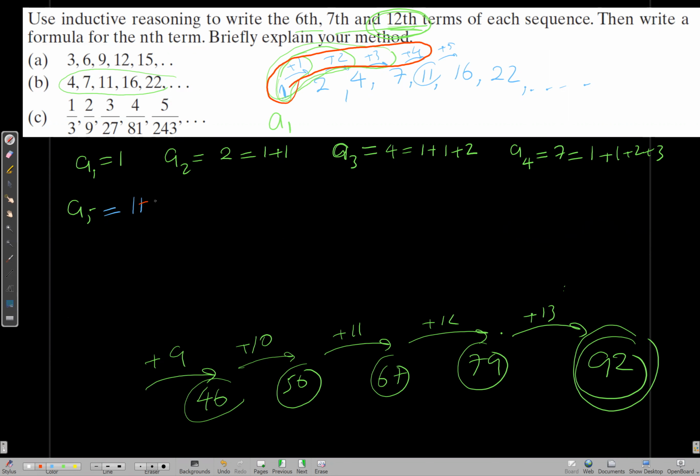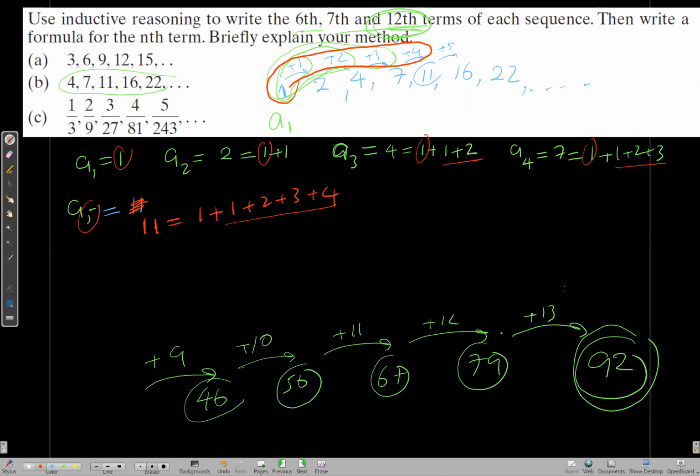A5 is 11, and that is 1 plus 1 plus 2 plus 3 plus 4. So you always have this 1. If you forget about that one, then you see a nice pattern. It's 1 plus 2, 1 plus 2 plus 3, 1 plus 2 plus 3 plus 4, and like that.